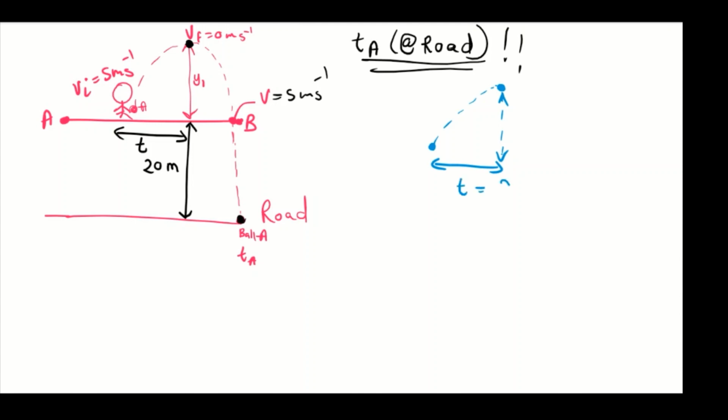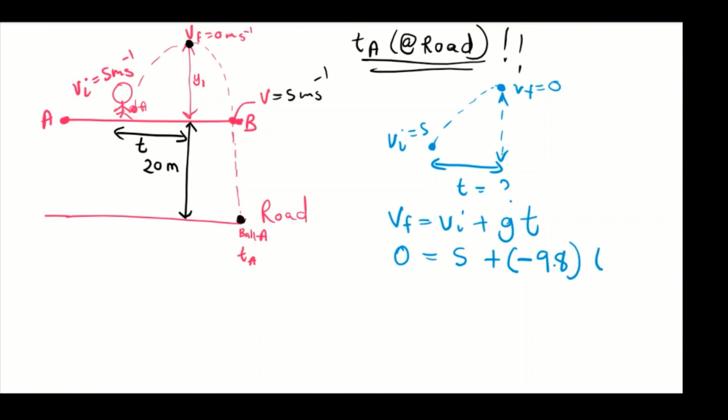t is equal to, so we know the v initial is equal to 5 meters per second, and the v final is equal to 0 meters per second. So we're going to use the equation v final is equal to v initial plus g multiplied by t, where v final is 0 but v initial is 5, plus our gravity is going downwards, so we take down as negative, so it's minus 9.8 multiplied by t.